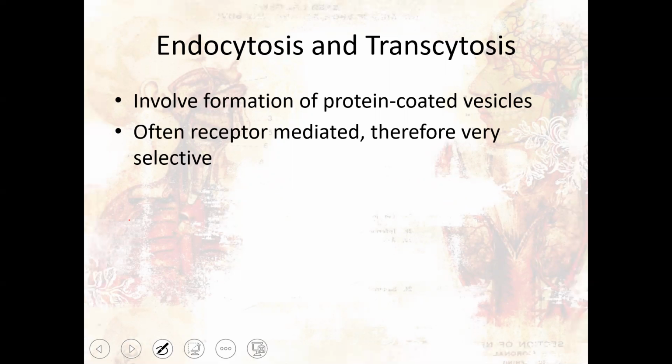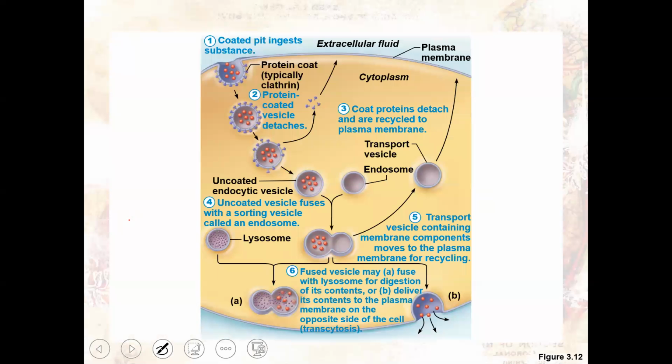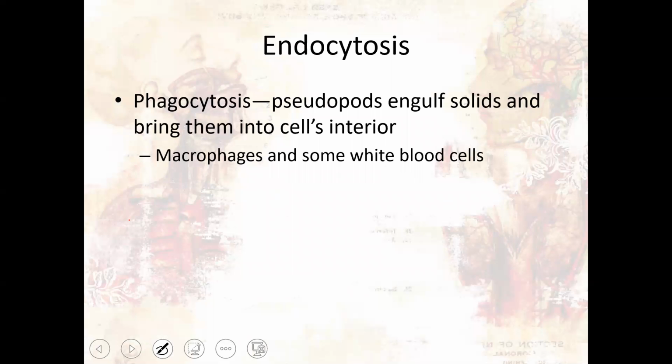It's called receptor-mediated endocytosis. Really, what you should know about endocytosis at the moment is that its active transport involves this vesicle. So there's our receptor-mediated endocytosis. So very specific, and you can see that being moved into the cell. Phagocytosis is another form of endocytosis.